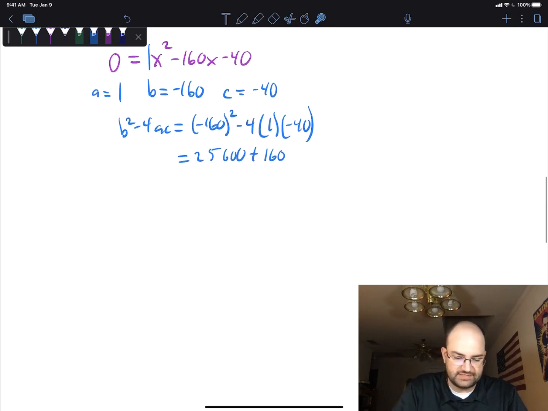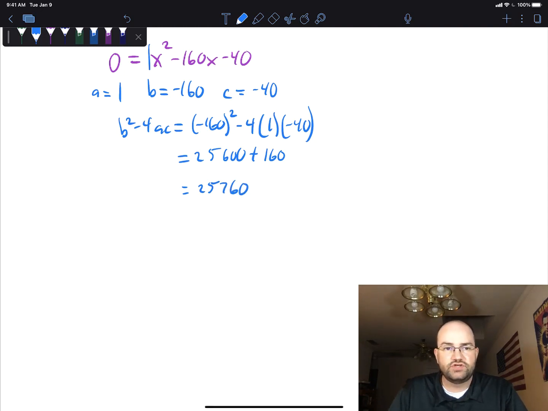So 25,600 plus 160, add those together, will give us 25,760. And if you want to check to make sure that this is not a perfect square, just type it in, square root of that gives you 160.4992212, and so on. So basically, it's not a perfect square, which means that this could not be factored. It's another way of checking.